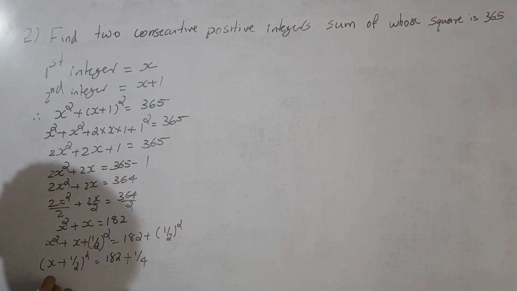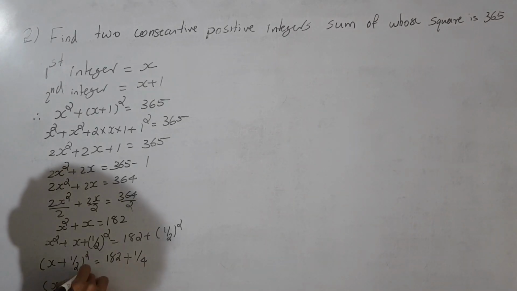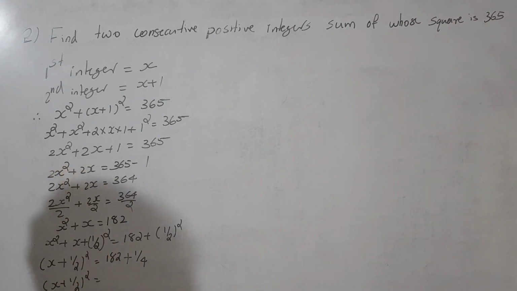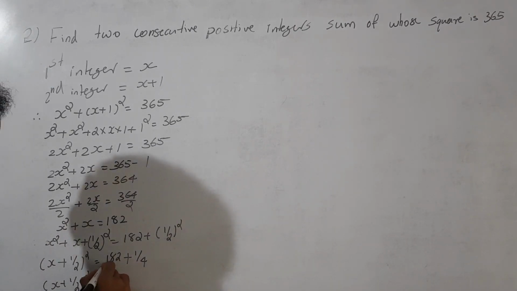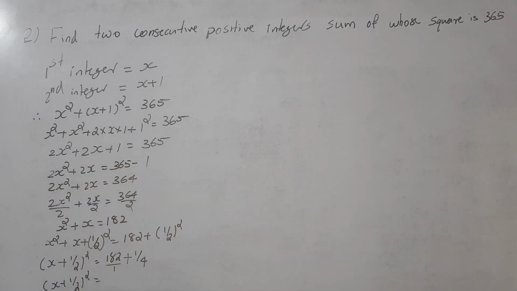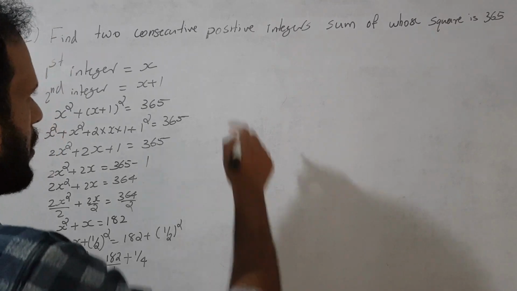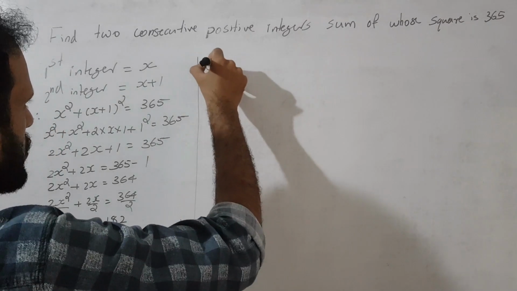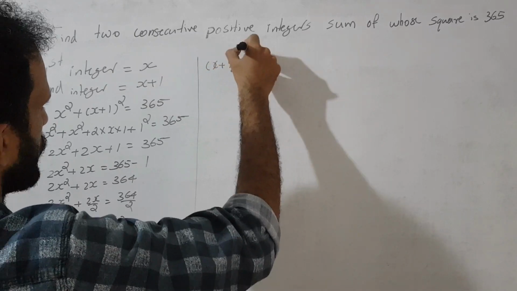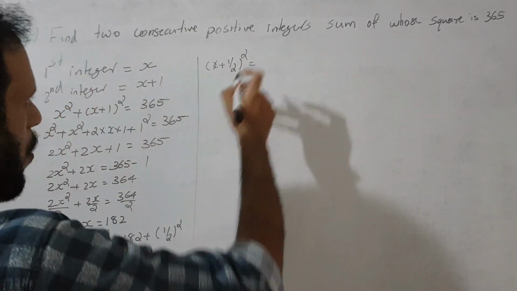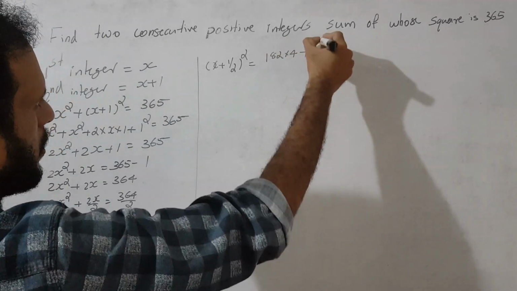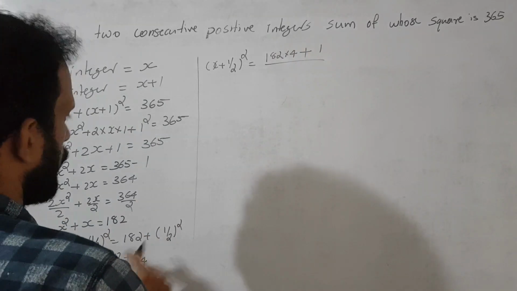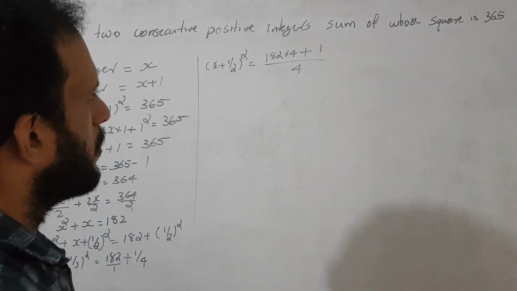Then x plus 1 by 2 whole square is equal to, here the denominator: this one is not in the form of a fraction, so we make it a fraction first, correct? So we equalize the denominator. Then x plus 1 by 2 whole square is equal to 182 into 4 plus 1, and 1 into 4 is 4, that means we equalize the denominator.